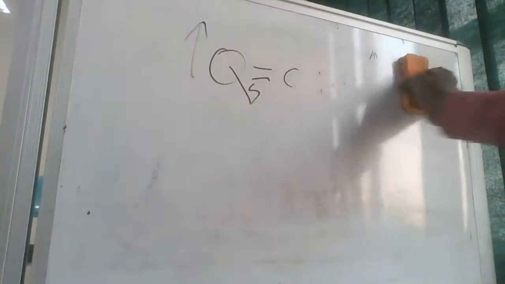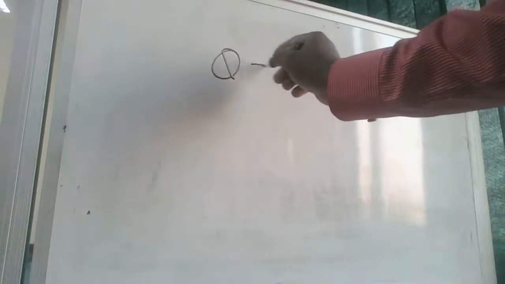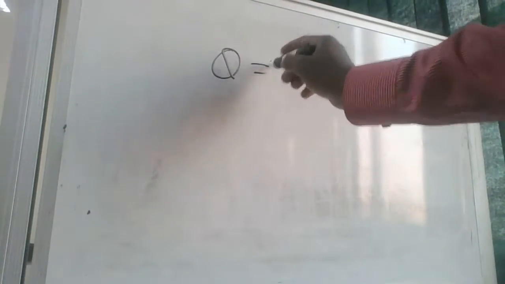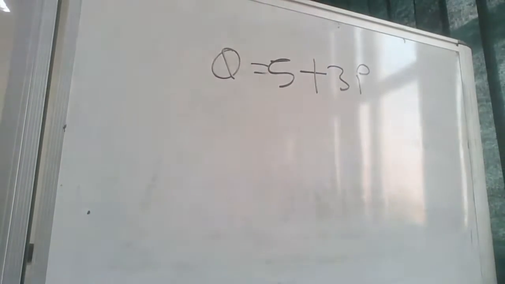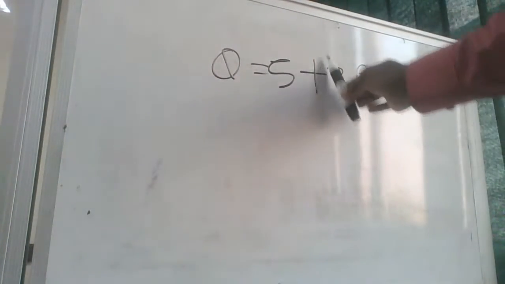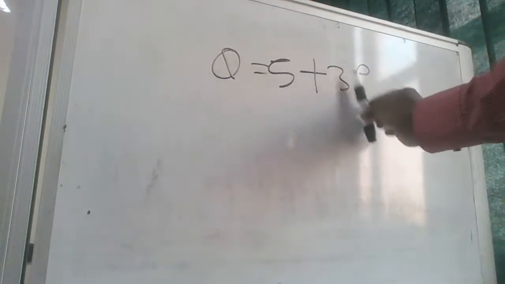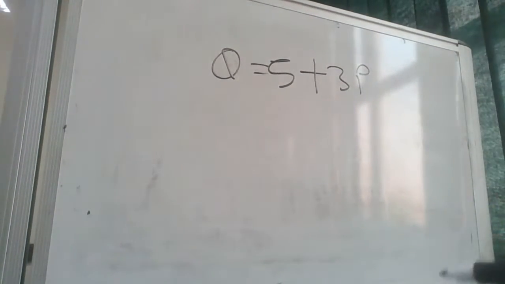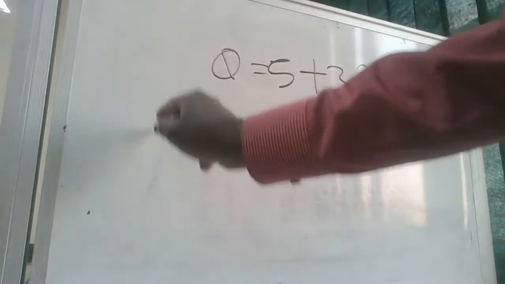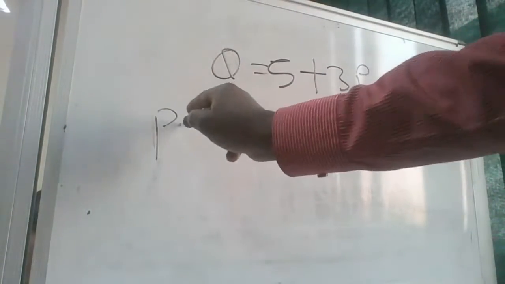Okay, let's use numbers. So we have Q is equal to, we use the same 5. This time around, we put plus 3P. So we see this plus here shows that there is that positive relationship between price and quantity supplied. And from here, if we assume a schedule, we start from P equal to 0.